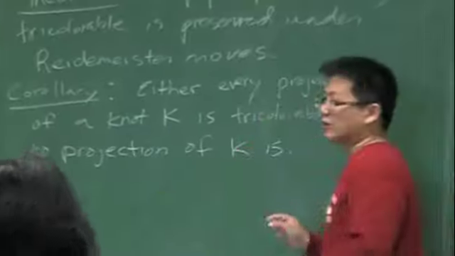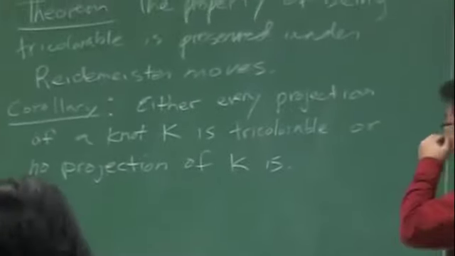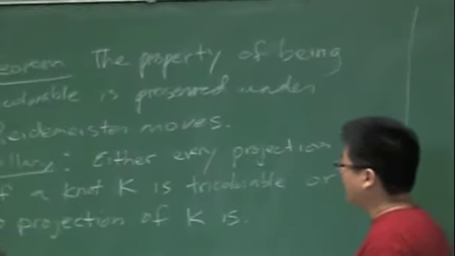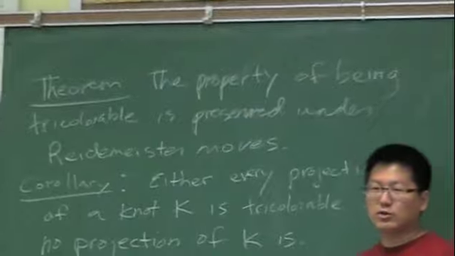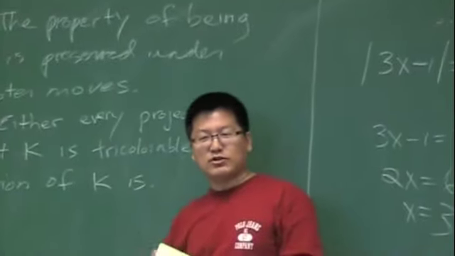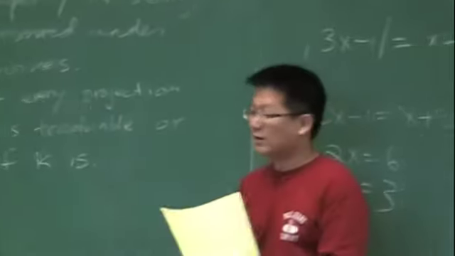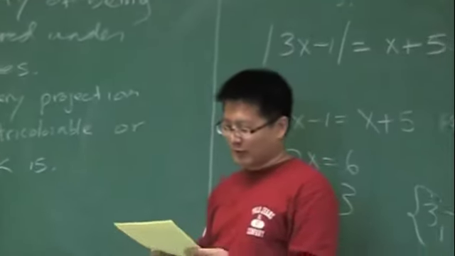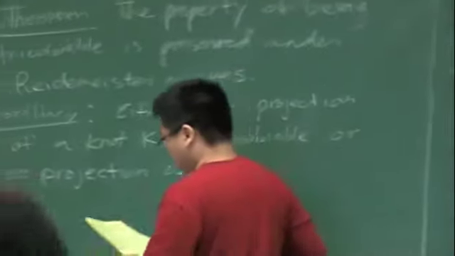So it's sort of all or nothing. So if you look at any projection of K and it's tricolorable or not, whichever one it is, every other projection of K will be that same way. So I guess it's like a Three Musketeers corollary. Right, if you know Three Musketeers.